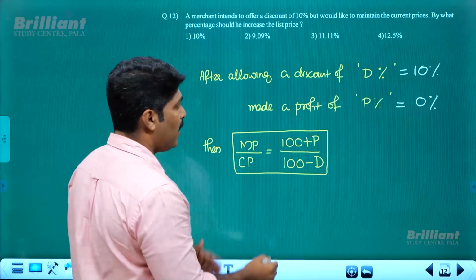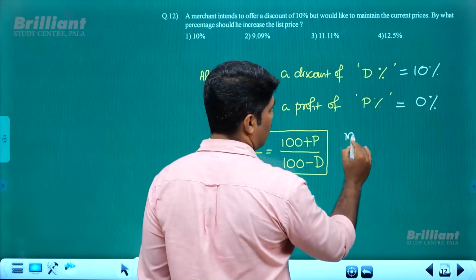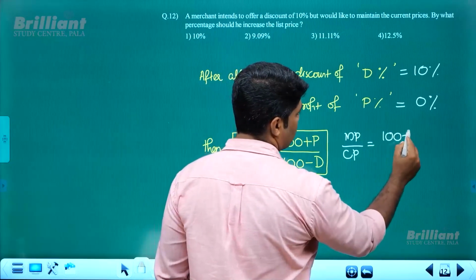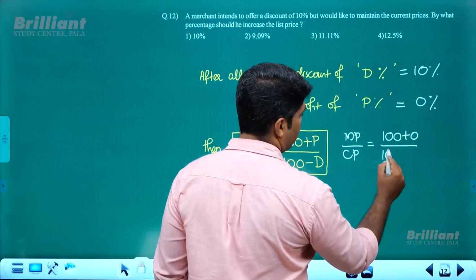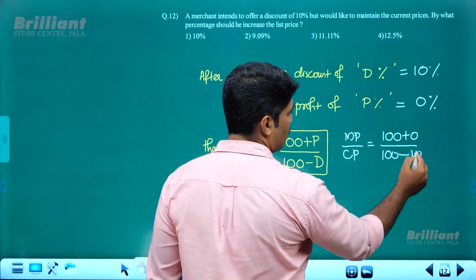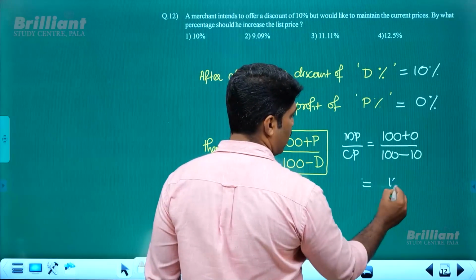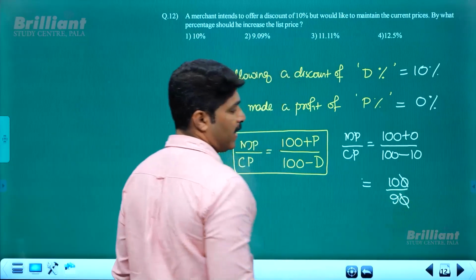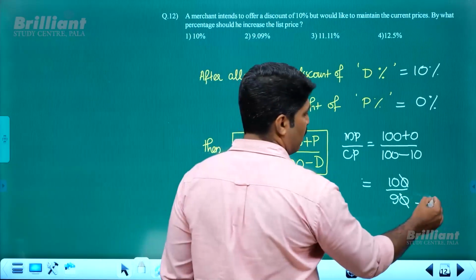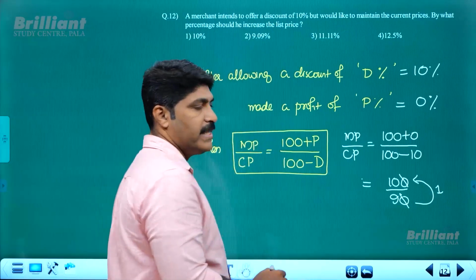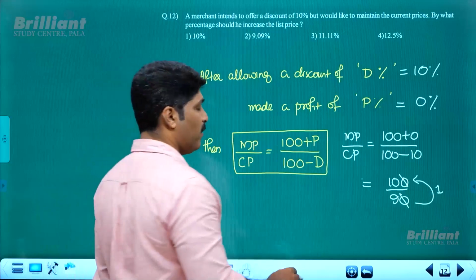Through this way, if you are applying this result, this is marked price by cost price, that is 100 plus 0 divided by 100 minus 10. So this is equal to 100 by 90 or 10 by 9. Then we can find out what is the markup percentage here. This is 1 out of 9. So that's equal to 11.11%.